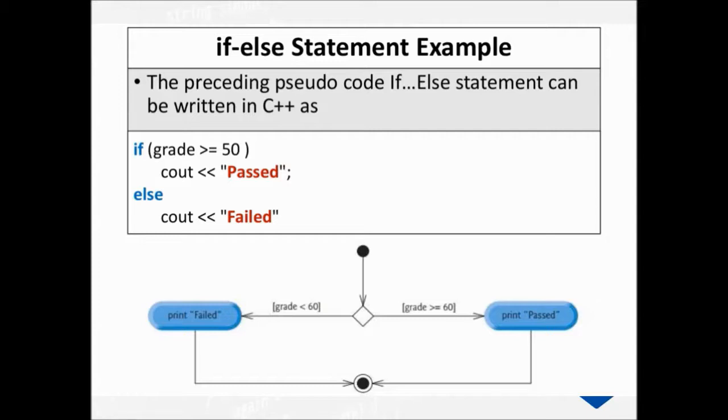And at the bottom we have a flow chart: first we check the condition, if grade is greater than or equal to 50, it prints pass. Otherwise, if this condition is false, then it prints fail on the screen.